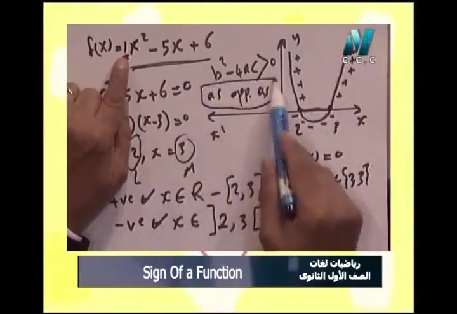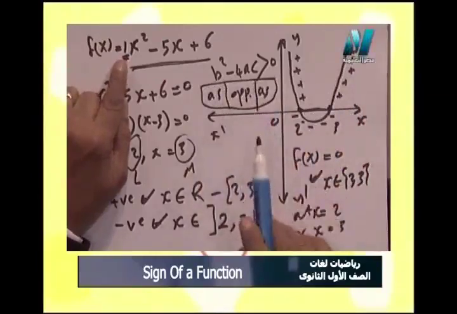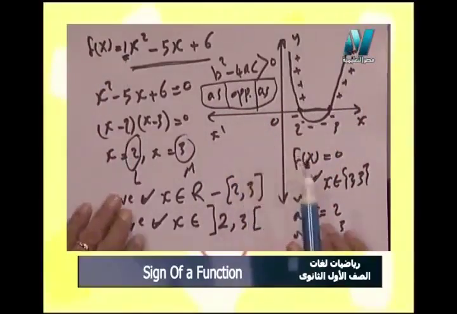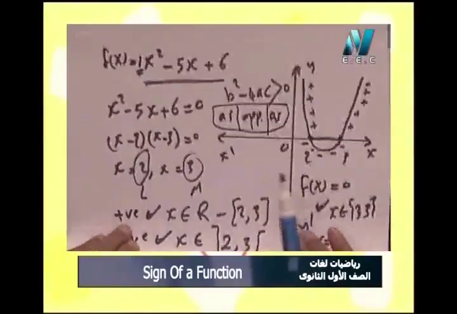So we will divide it into 3 parts to discuss the sign of the quadratic function. So we will deduce this when the quadratic function has two roots. The first part is as the coefficient of x power 2. The middle part is opposite.